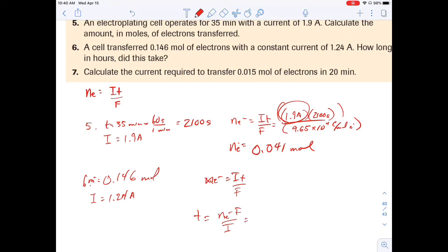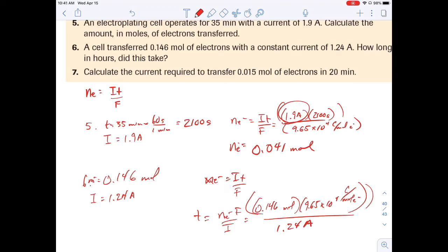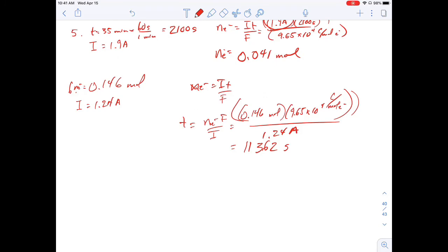So it's 0.146 mole times Faraday's constant, 9.65 times 10 to the 4 coulombs per mole of electrons. I'm going to put those all in brackets and divide by current, which is 1.24 amps. I'll punch that into my calculator, and this is going to take 11,362 seconds.